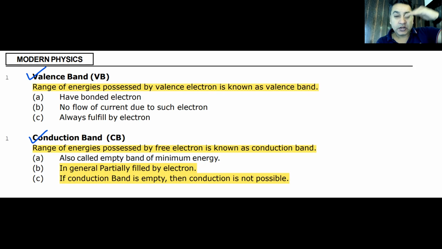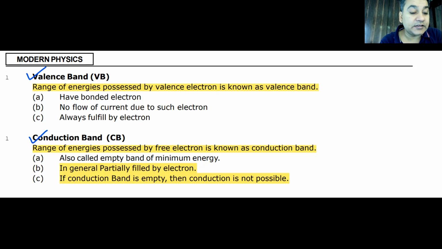Now, if an electron has to jump from the valence band, which is the lower shell, to the conduction band, which is the higher shell, what do we need to give it? Do we need to give it energy? Yes or no? Yes, sir. And we have already seen for silicon how much the energy difference is. I told you to remember that: 1.1 electron volt. Do we remember this? Yes, sir.